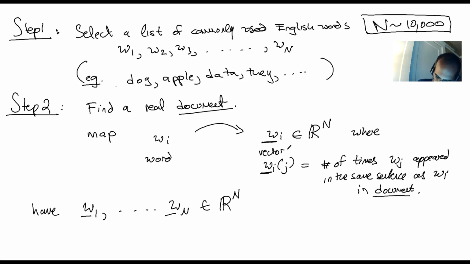What would wj stand for? Sorry, can you say it again? What does the wj stand for, let's say in this example, the data example? Oh, so the wj is another word, right? So wi is a word. wj is another word. So for example, the vector corresponding to the word data is a 10,000 length vector whose entries are indexed by the entire set of words itself, right?